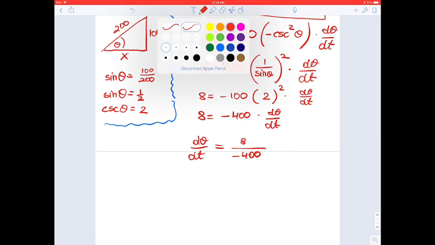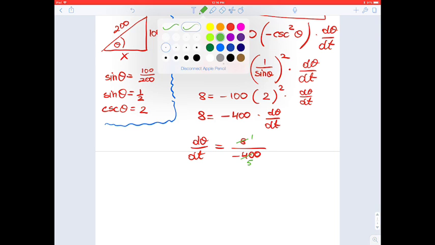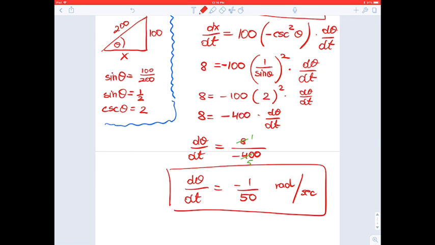And 8 divided by 400 is simply 1 over negative 50. The rate of change of angle is negative 1 over 50, and the units for angle is radians per second. This is the final answer.